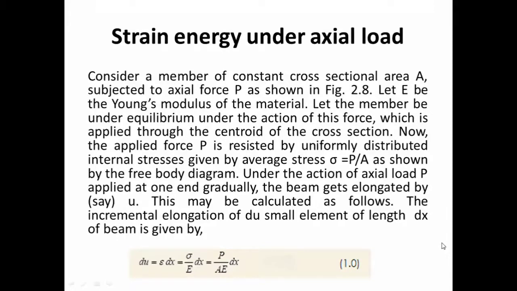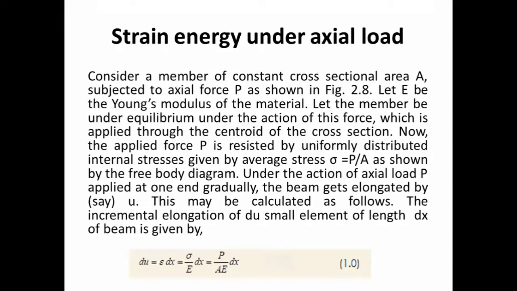Now we have calculated this small change in length for the small part considered, but we have applied load on the complete member. So what will this equation be for the complete member?